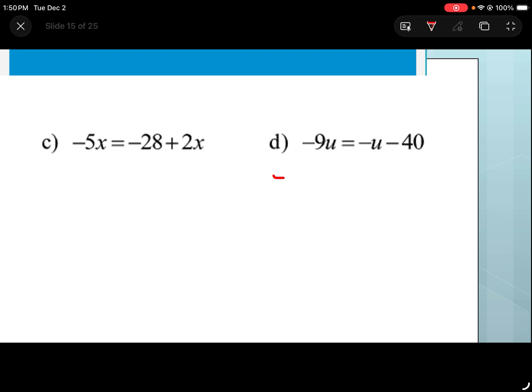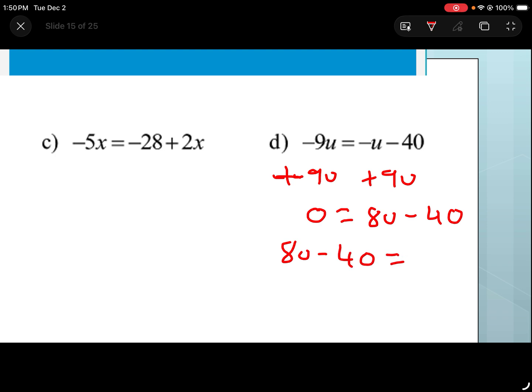So if I subtract negative 9u, well, if I subtract a negative, I technically add, don't I? So I'm just going to add 9u to both sides. That would get me 0 on this side and 8u on this side. And then from there, 8u take away 40. Let's write it all together: 8u take away 40 equals 0. What's happened to u? It's being multiplied by 8 and subtracted by 40. So let's add the 40.